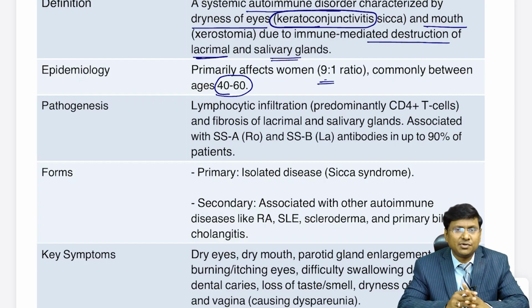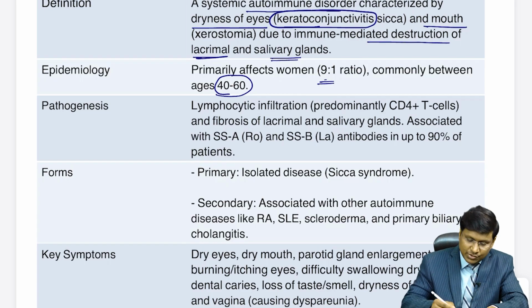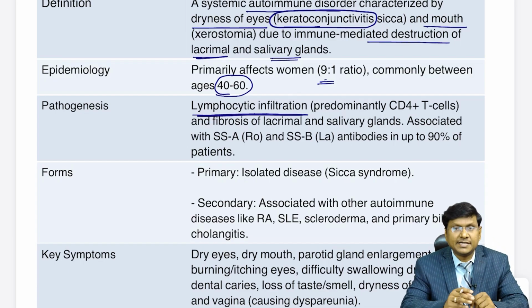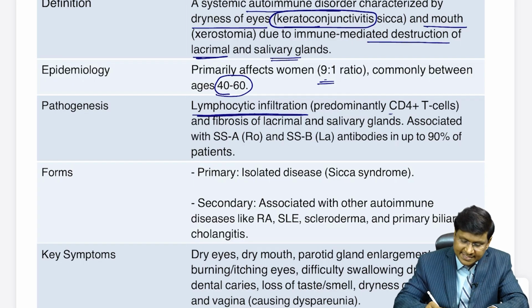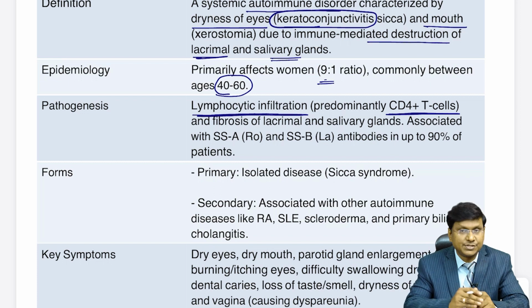Now, because this is an autoimmune disorder, what are the cells which will be infiltrating into the gland? It is characterized by lymphocytic infiltration of the gland, where there will be infiltration of CD4 plus T lymphocytes, right?